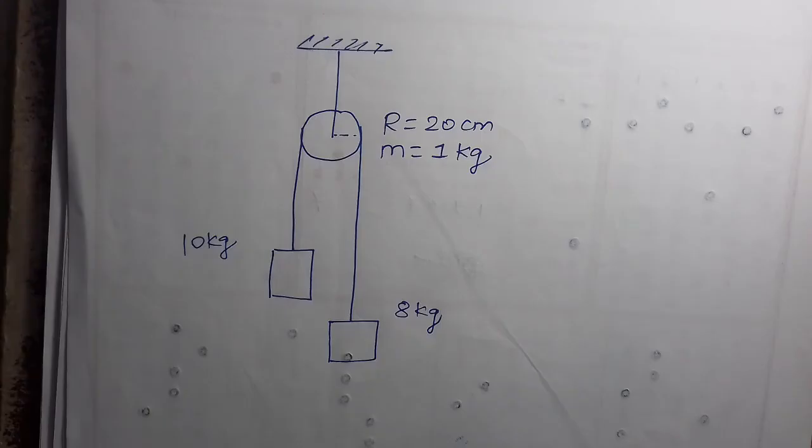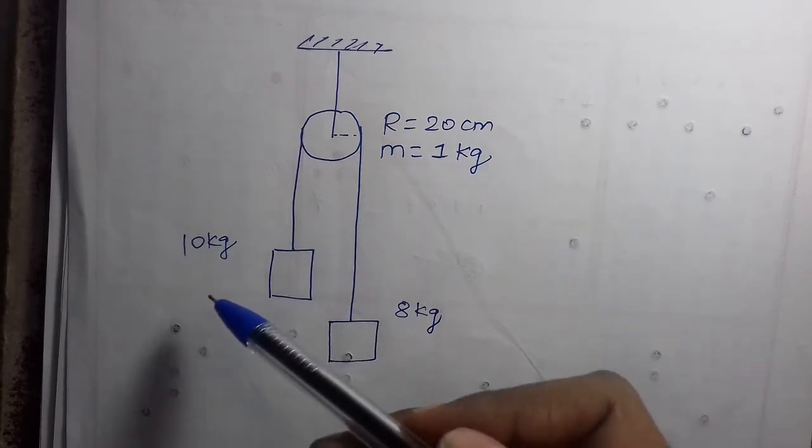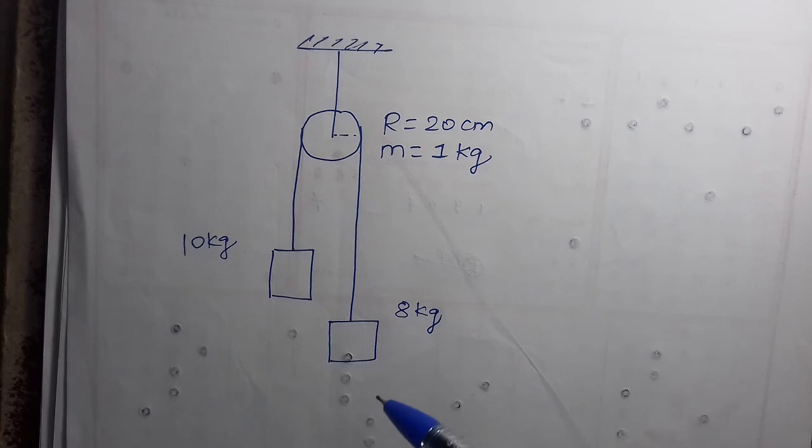If pulley has mass, say pulley has mass of 1 kg, its radius is 20 centimeter. On one side we have 10 kg and on the other side we have 8 kg. Then first we have to list forces.